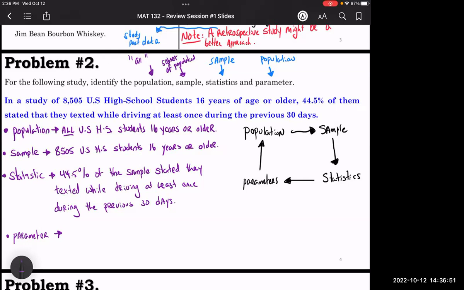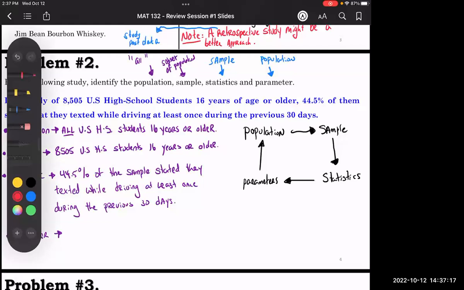The group of interest are high school students that are 16 years or older, right? I do agree with that, but no. Text while driving, no. The parameter is the tricky part. And here's why it's the tricky part. When you're doing a statistical study, in order to go from statistics to parameter, we have to do what we call inferential statistics.